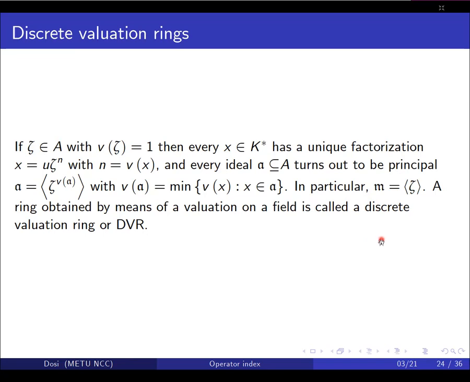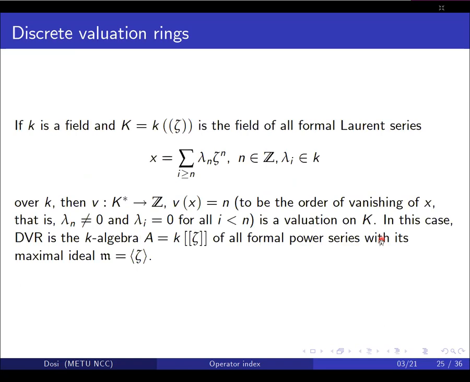Well, now an example, let's see what that is. For example, you can fix a field and look at the field of all formal Laurent series. The formal Laurent series look like this: they're like a power series, the sum of lambda n times xi to the n, but the powers can be negative, though they should be bounded from below, right?